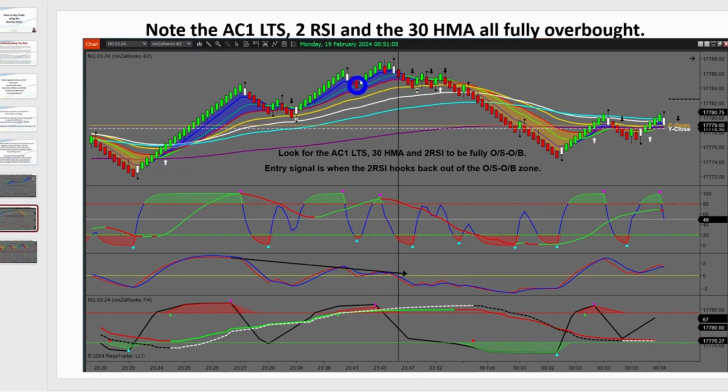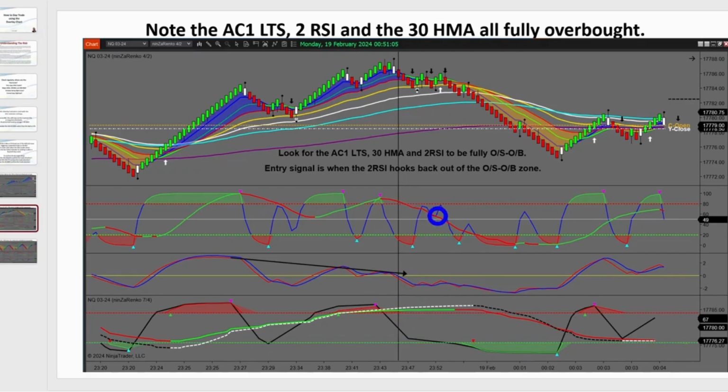Now what that actually means is you wouldn't have been in that anyway, because remember, when we take a reversal trade, we are waiting for the anchor chart 1 candle to close. So if we were for whatever reason considering taking this as a divergence trade, you would have found that the anchor chart 1 candle didn't close until about here. Okay, so about your standard 4th or 5th candle.